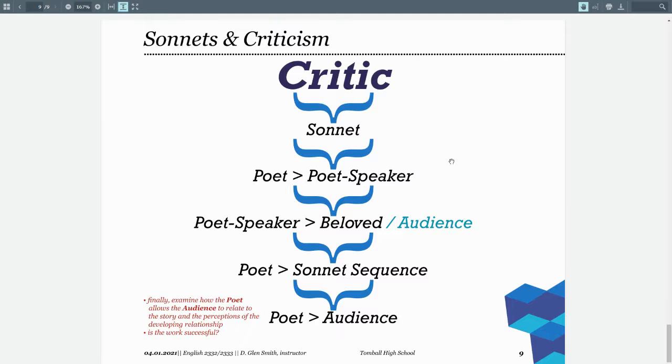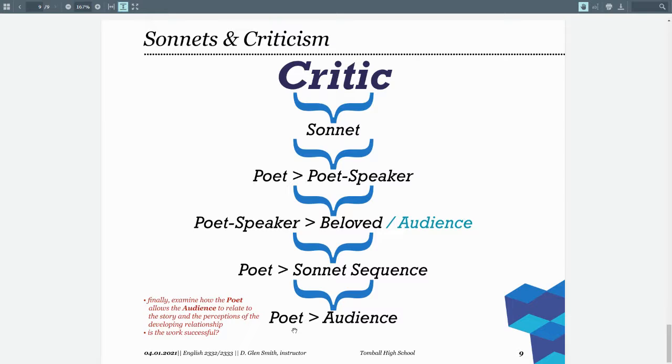Okay, just keep that in the back of your mind for future reference. Finally, you want to examine how the poet allows the audience to relate to the story. So this is taking this step where it says poet speaker to beloved / audience. This is taking it into a different level. You're looking at how the poet wants to, for lack of a better word, control the audience, how they want the audience to relate back to the story.